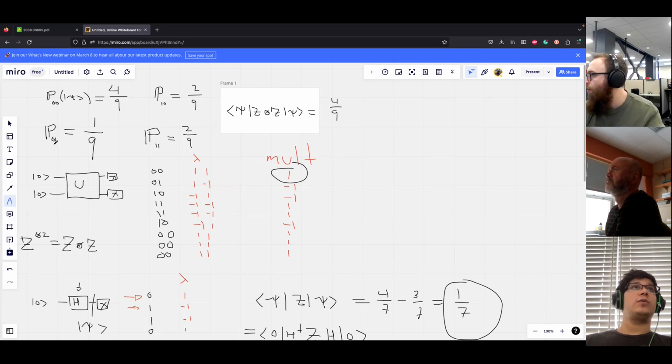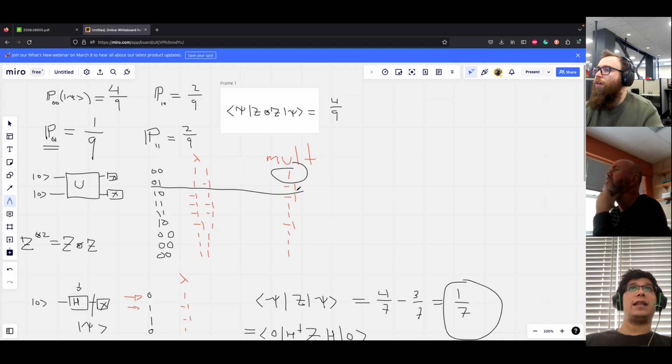For the next one, let's say we move to 0, 1, the probability is 1 over 9. And the value that corresponds to 0, 1: again, we replace the 0 by a 1, the 1 by a -1, and then we multiply the lambdas, and that gives us -1. That means here I'm going to put minus, and then the probability, 1/9.